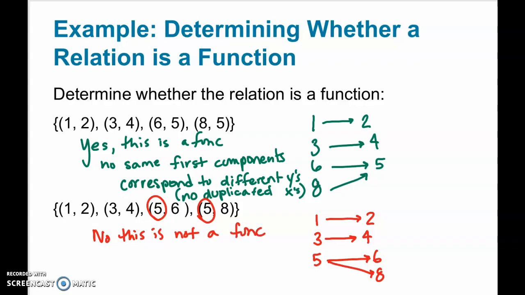And the reason why is because 5 produces 6 and 5 produces 8. So it doesn't fit our definition. So if you see duplicated x's that go to two different y values, then you're going to say it's not a function.